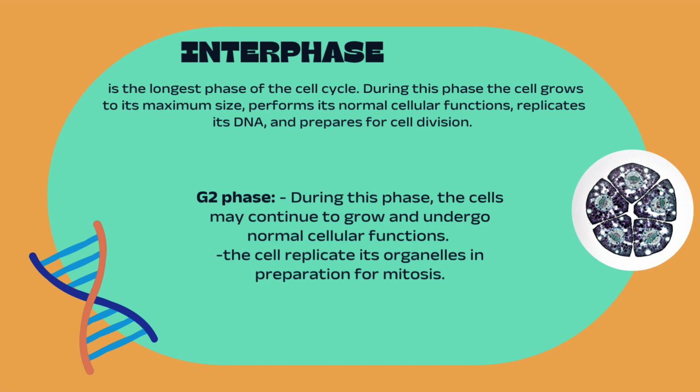Towards the end of the G2 phase, the cell will start replicating its organelles in preparation for mitosis. Like I mentioned, interphase is the longest phase of the cycle. It makes approximately 90% of the cell's life cycle, and then 10% is mitosis.